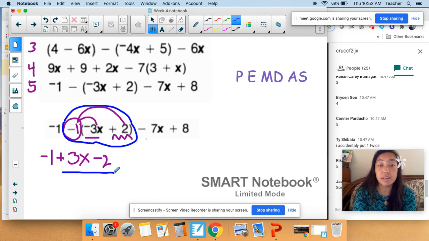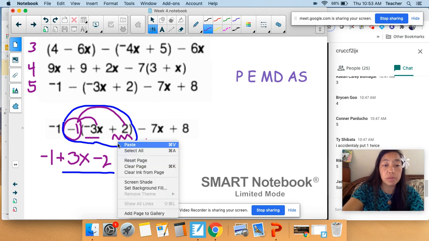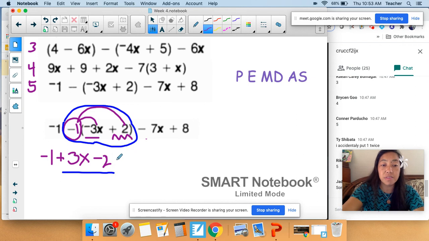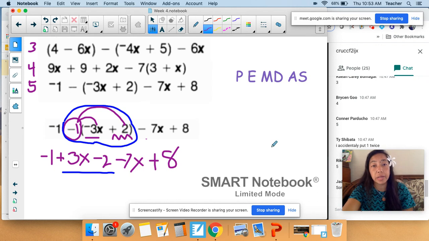That is the simplified expression for this circled blue part of our expression. Because we distributed, we don't need the parentheses anymore. Now we can bring down everything else that we haven't touched, like the minus 7x and the plus 8. We didn't do anything with those. They are still there. They didn't go anywhere.